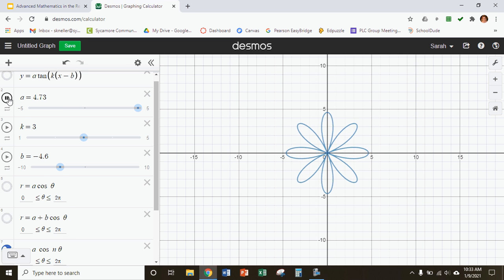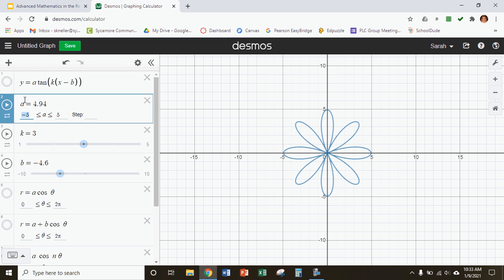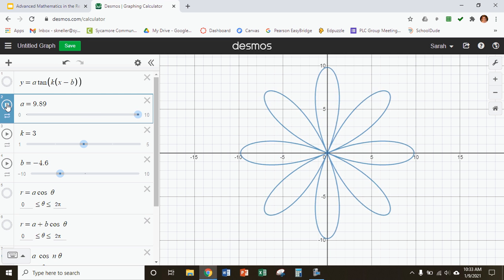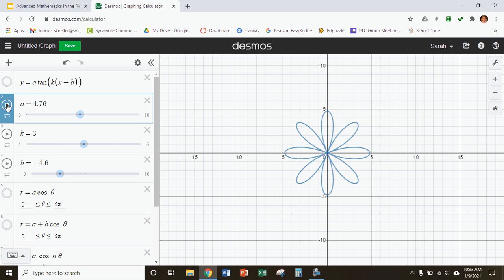Right? So if you wanted to change those A values here and just keep it positive, we could go from like 0 to 10. And then hit play, and it'll make the flower grow even bigger. And I'll just keep it positive. It won't flip. And you could even go from 1 to 10 if you wanted to. That way it doesn't completely go away.